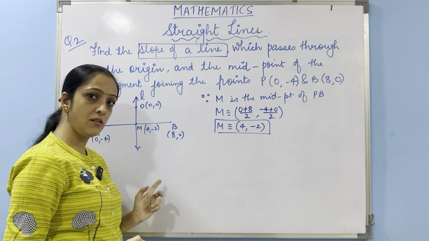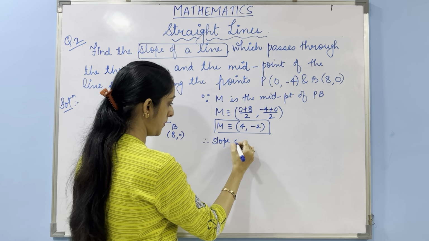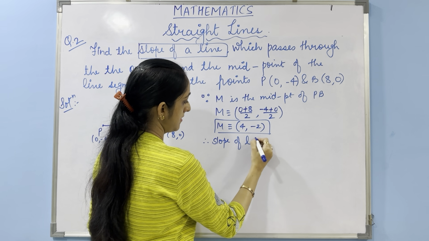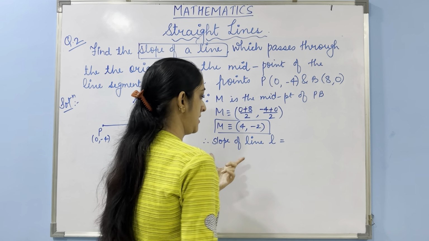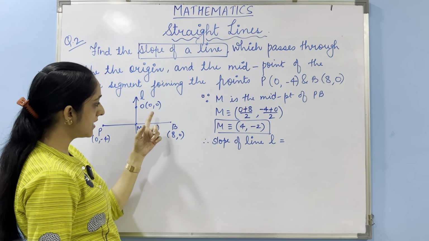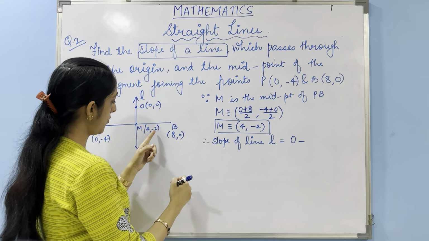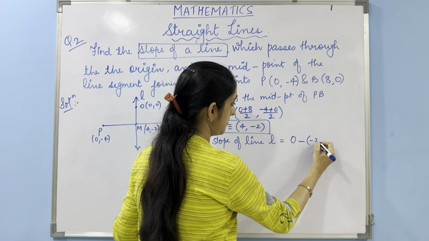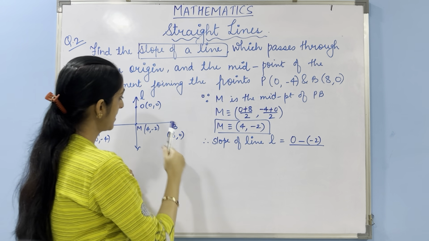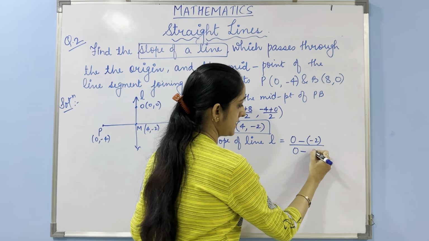Now 2 points are known, so we can easily find the slope of line L. Using these 2 points, the formula is the y coordinate of the first point minus the y coordinate of the second point, divided by the x coordinate of the first point minus the x coordinate of the second point.